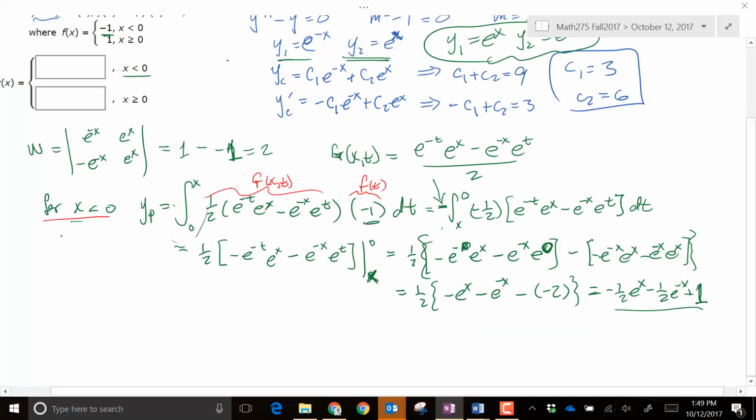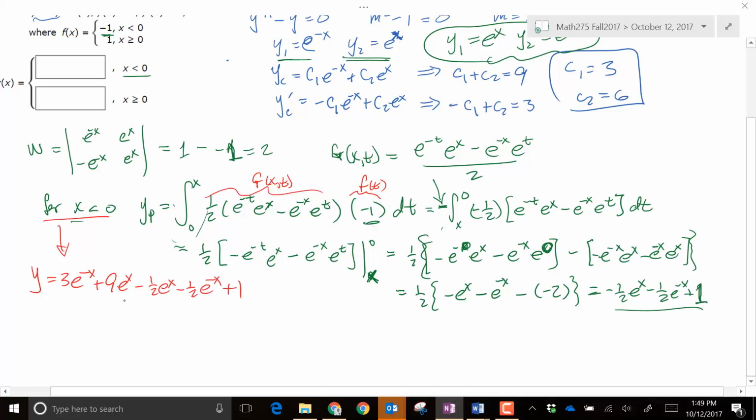So y is going to equal c1, that's 3, e to the negative x plus 9 e to the positive x minus 1/2 e to the x minus 1/2 e to the negative x plus 1.